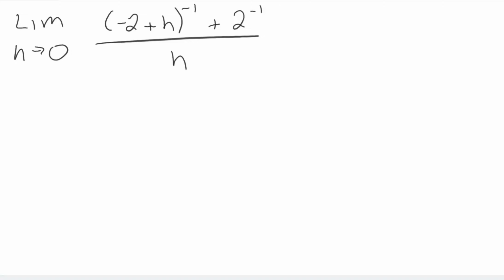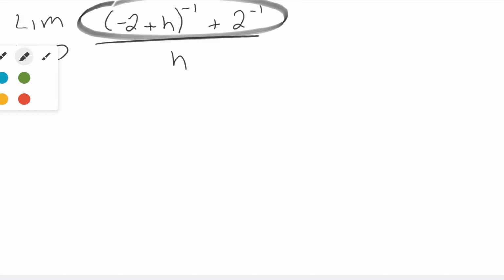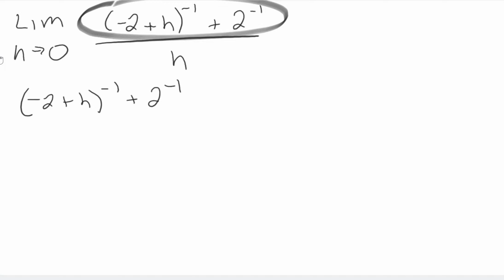So when we're looking at this problem, let's just look at the top. I'm literally just going to look at that part up there. I've got negative 2 plus h to the negative 1 plus 2 to the negative 1. So this becomes 1 over negative 2 plus h plus 1 over 2.